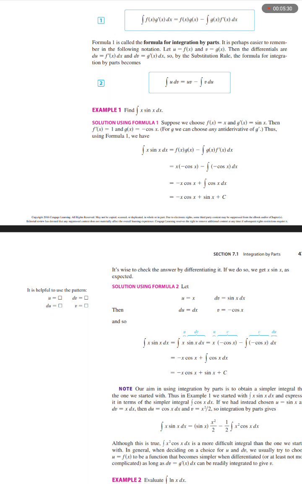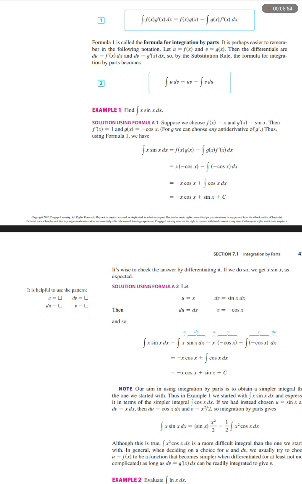It is helpful to use the pattern: u equals whatever, du equals whatever, dv equals this, and v equals that.